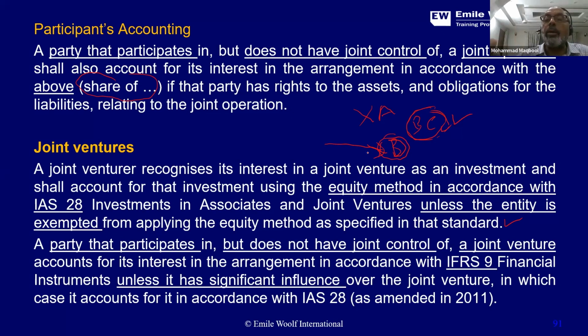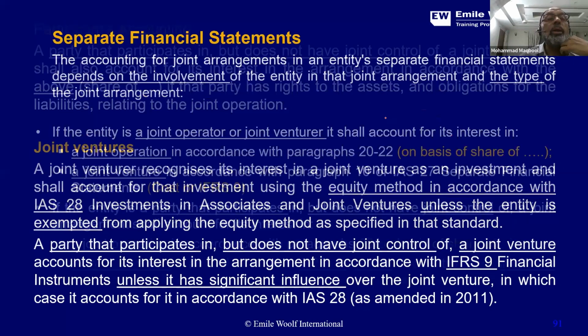Otherwise, A and D are required to apply IFRS 9, but D has a significant influence. In that case, they will apply the equity method. Look, new things are coming up. Earlier, in IAS 28 we were talking about only B and C, not A and D. So now we have spoken about A and D as well, right?